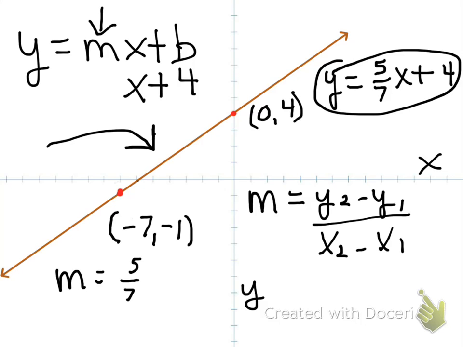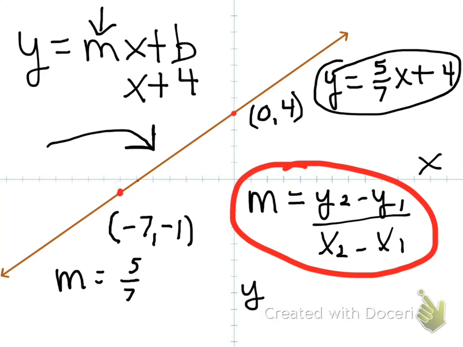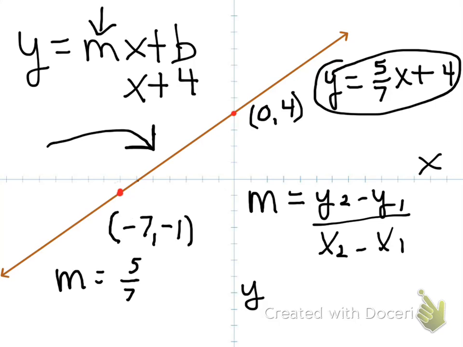We could have found the slope another way, and what we could have done was used our formula for slope. Let's plug in the values and see what we would get. I'm going to borrow some space. Let's steal some space from here and plug those numbers in.